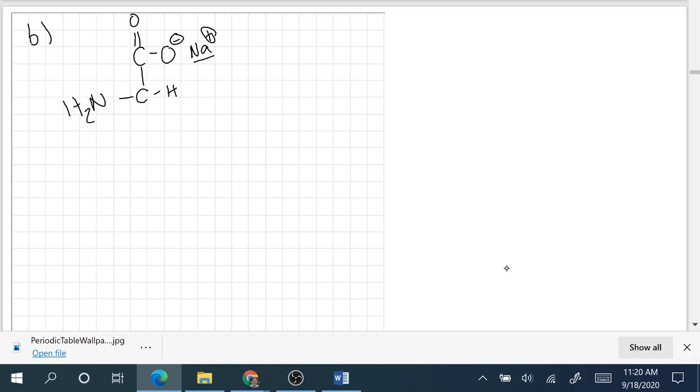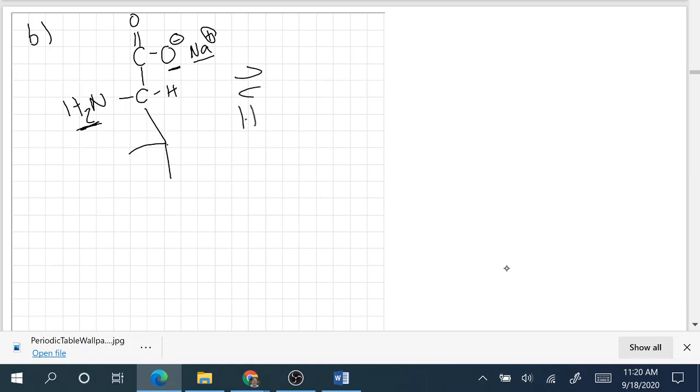Okay, so if we don't have the carboxylic acid protonated, then we can also assume that the amine is not protonated because that pKa would preclude the amine being protonated before the carboxylic acid is protonated. So we're not going to have NH3 plus and then O minus here. Okay, so we can assume that this is the species that we're working with.